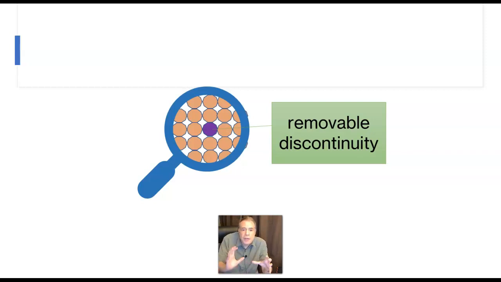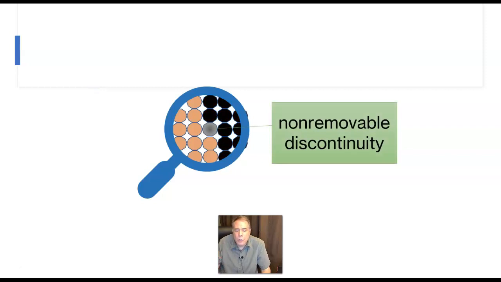We could remove the discontinuity and make it continuous there just by changing the color at that one point. Otherwise, it's a non-removable discontinuity. So a point that was right on the line between two sharply different colored regions would be a non-removable discontinuity.